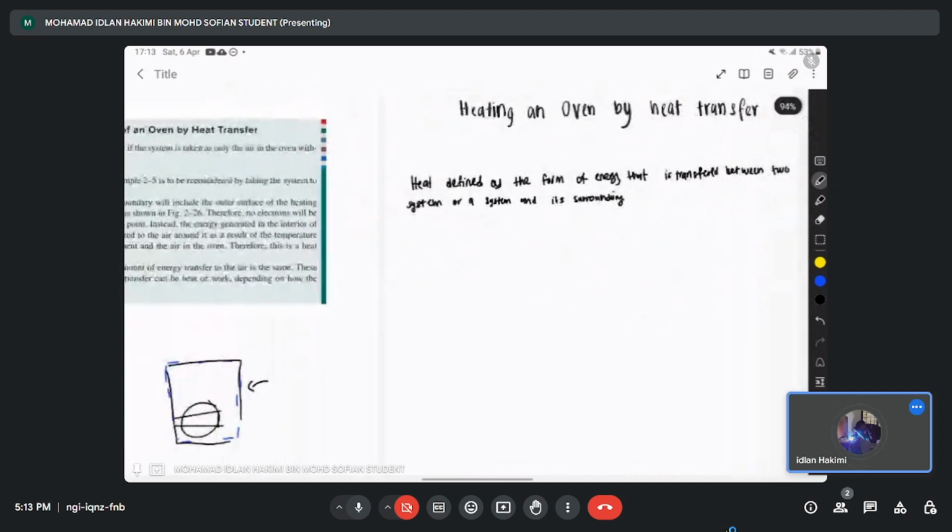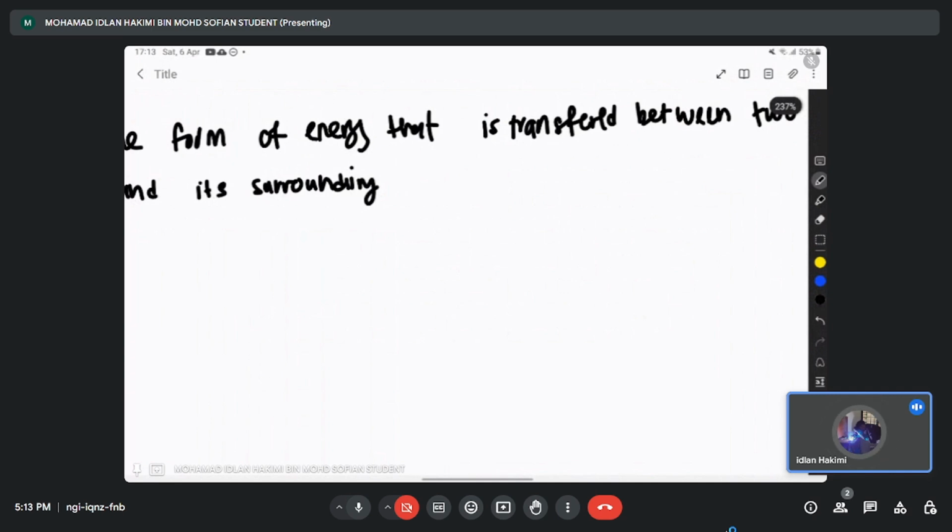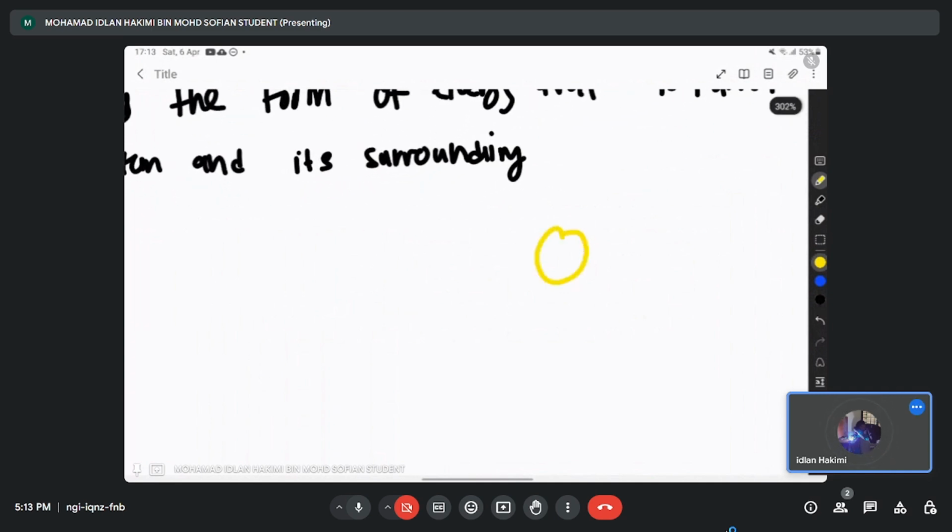That means heat is energy transferred from one system to another system.